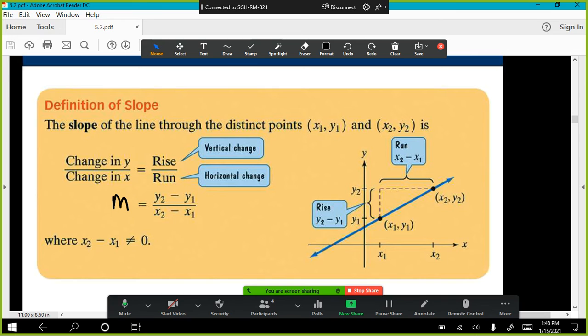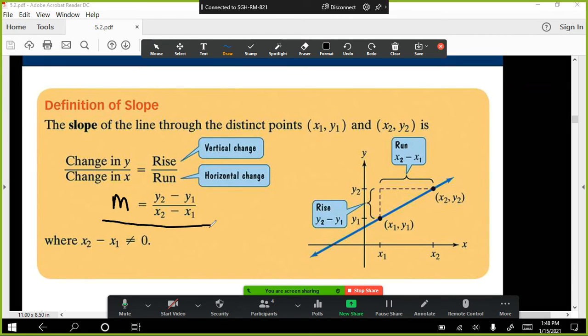Rise, or it could be a fall if it's a negative line, but the rise is just talking about vertical movement over how many units you have to go to the side to get to the next point. And the formula, if you have 2 points, is you subtract the 2 y coordinates and divide that by the subtraction of the 2 x coordinates. That's how you find the change in the 2 y's, is subtract them. Okay?